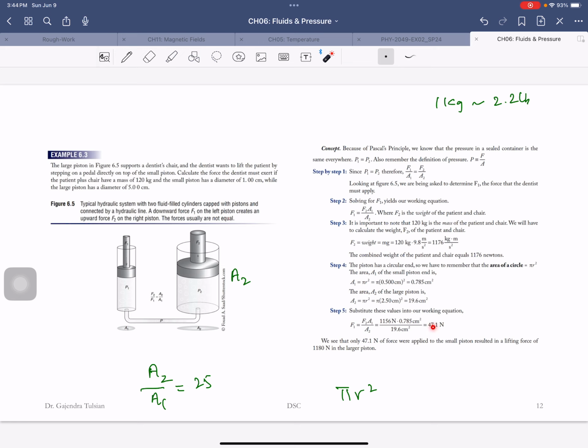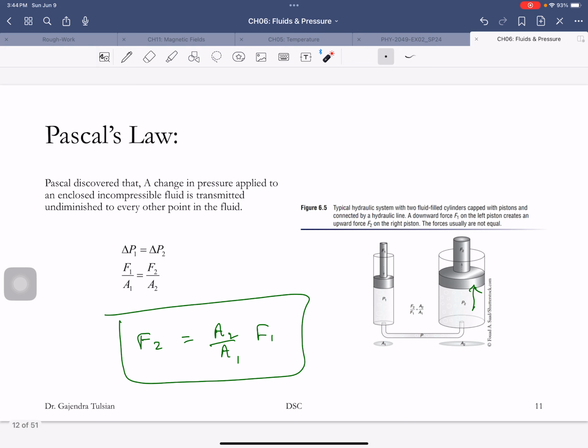So that's Pascal's principle. Again, Pascal's principle says if you increase the pressure at any point in an enclosed fluid, that pressure is transmitted undiminished. A change in pressure applied to an enclosed incompressible fluid is transmitted undiminished to every other point in the fluid.